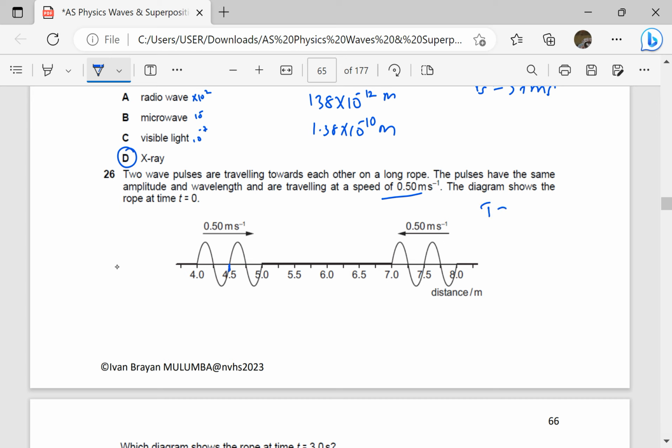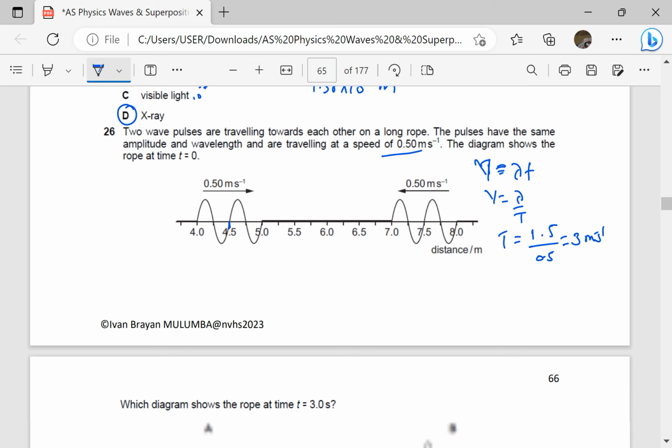So V is equal to lambda times F. We don't have F. We have the speed. So V is equal to lambda over T. So the period is going to be the wavelength, 1.5 meters, divided by V, which is 0.5. So the period is equal to 3 seconds.